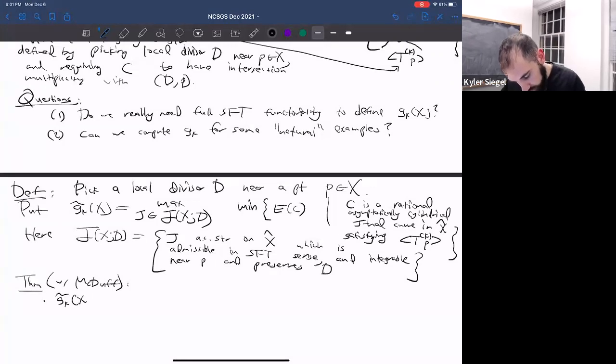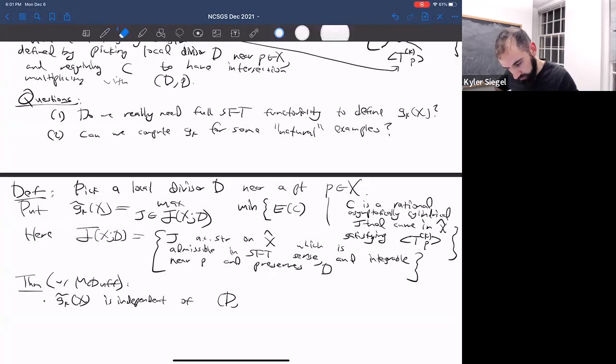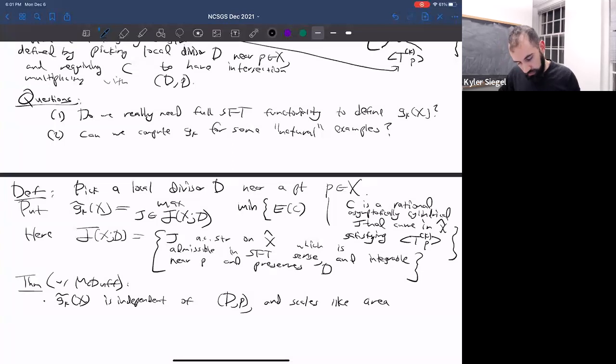This thing is independent of the choice of the local divisor and the point, and as one expects with capacities defined using J-holomorphic curves, it scales like symplectic area. So if you multiply the symplectic form by a constant, then the capacity gets scaled by the same constant. And it's a non-decreasing sequence.